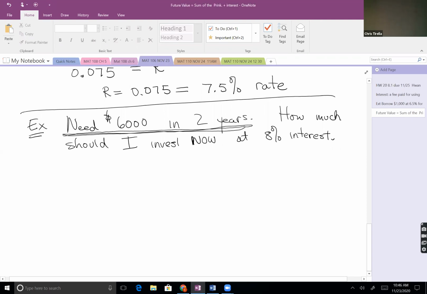Here, can everybody recognize that the reference to in 2 years tells me that I'm talking about the future? So I'm going to use my future value formula.